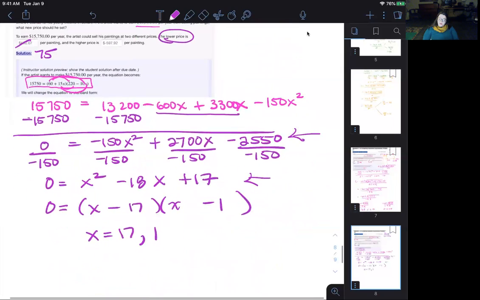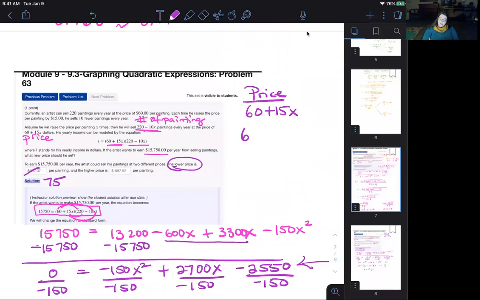And then if I increase the price 17 times, I should do it the other way, just for understanding. I would have 17 price increases of $15. So I'd have 15 times 17. I would have 60 plus 255, and that's going to give me $315. So that would be the highest price.